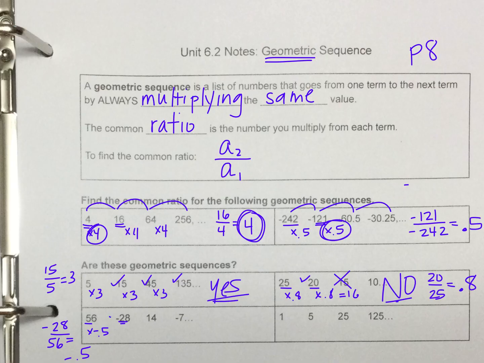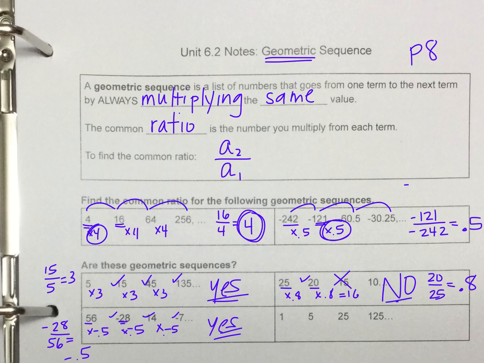Check. Negative 28 times negative 0.5 is 14. 14 times negative 0.5 is negative 7. So yes, this one works. All right.